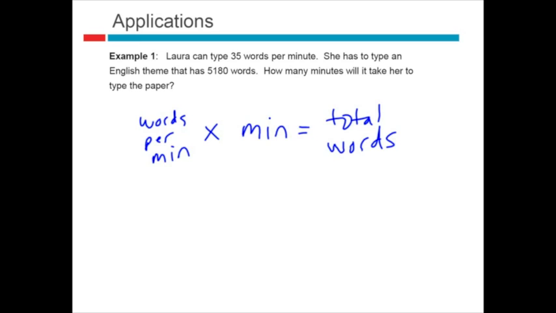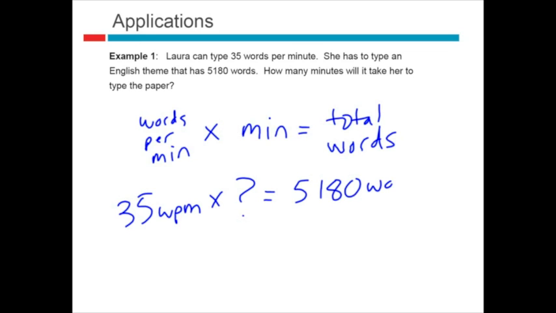So now I feel like I have an understanding of the problem. So now I can figure out what kind of operation I'm going to use to solve this. Well, Laura types 35 words per minute, multiplied by how many minutes, which we don't know. And we know that this total is going to be 5,180 words.